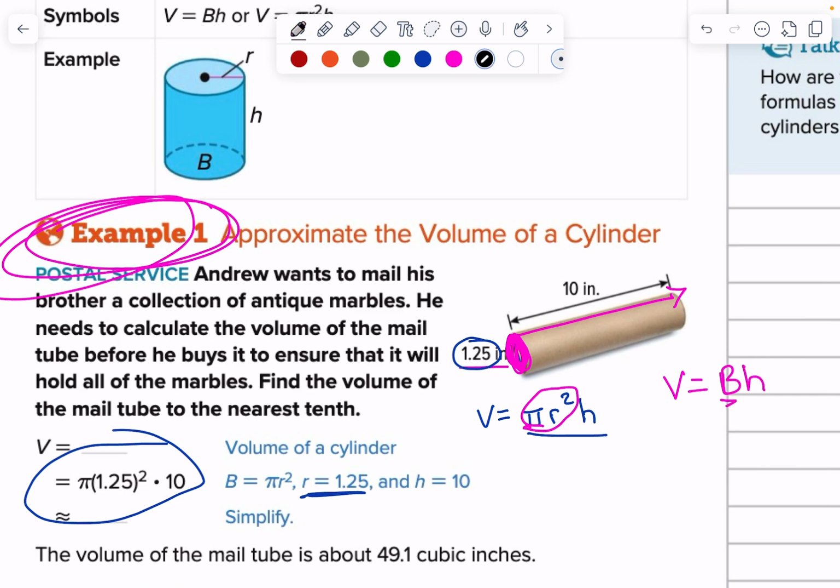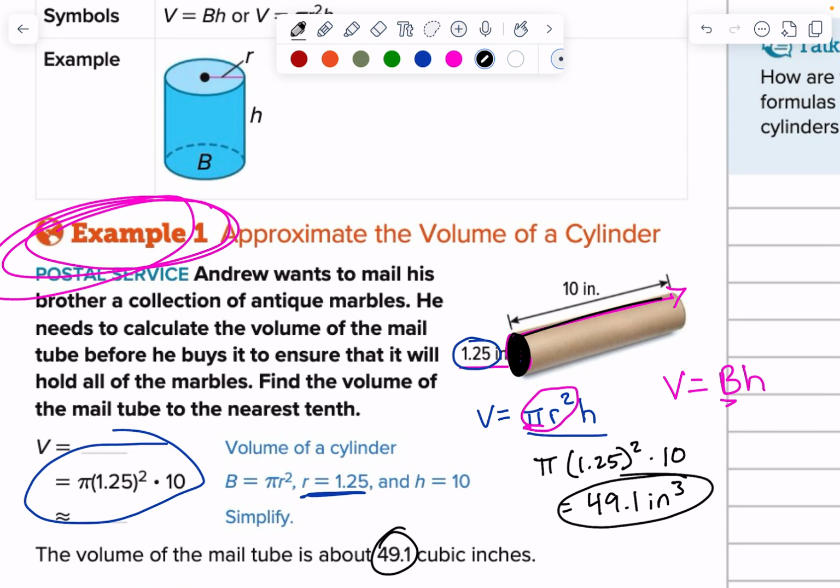That actually holds true for a cylinder as well. It's just that the area of the base is a circle, and then you're multiplying by the height. So we got pi times the radius, which is 1.25, they say, times the height, which is 10. When you multiply that out, I'm just going to cheat and use theirs: 49.1 inches cubed.